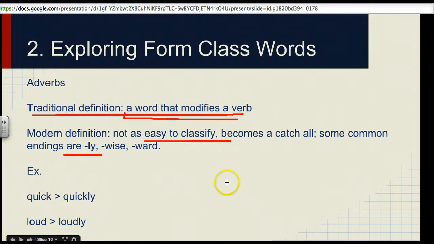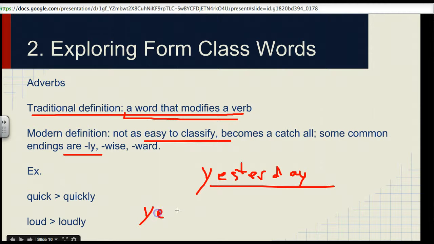Now, I say that it's tricky to classify because we have some of these forms right here, but other words, like when we think back to one of our example sentences, yesterday. Depending on how that's used, we could definitely consider that a solid adverb. It could definitely be a nominal as well. It could be, yesterday was hot.